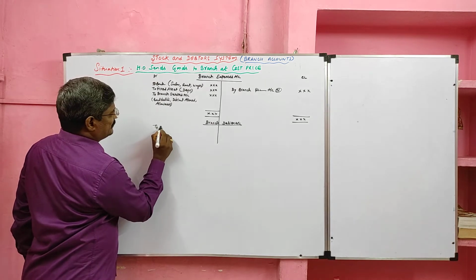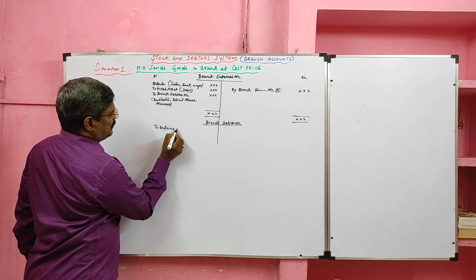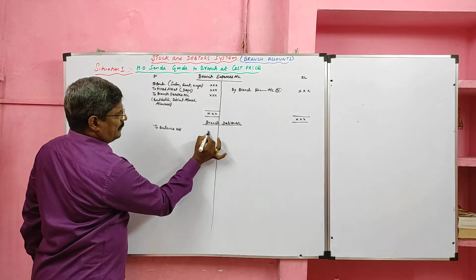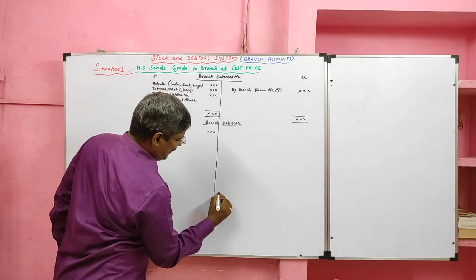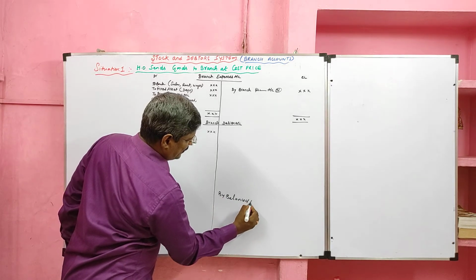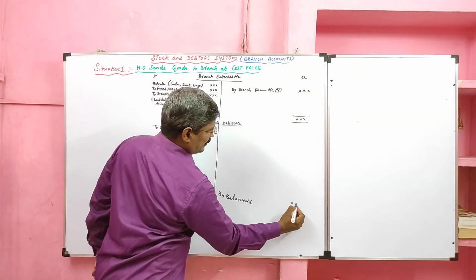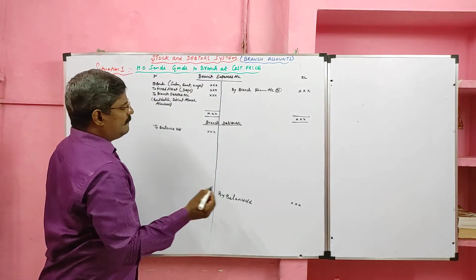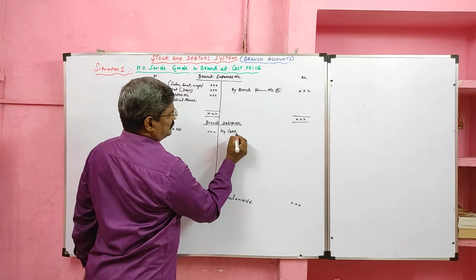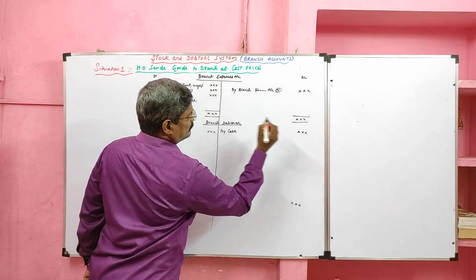Debit side starts with the opening balance of debtor. Credit side, it ends with the closing balance of debtor. When we receive cash from debtor, we'll write by cash. Cash received from debtor.